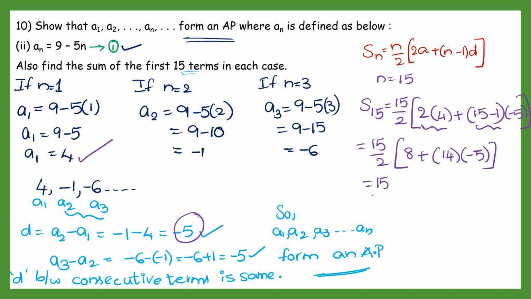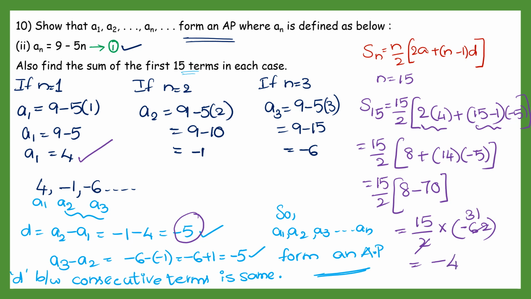So 15 by 2 into 8 plus 14 fives are 70. Plus into minus is minus. So 8 minus 70. So 15 by 2 into 8 minus 70 is minus 62. So 2 ones are 2, 31. So you get 15 into minus 31. So 15 into 30 is 450. 450 plus 15 is 465, minus 465. So sum of the 15 terms of the arithmetic progression is minus 465.